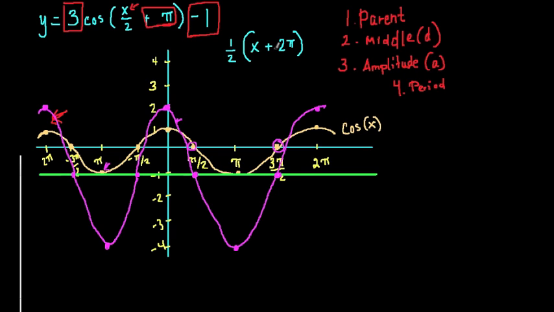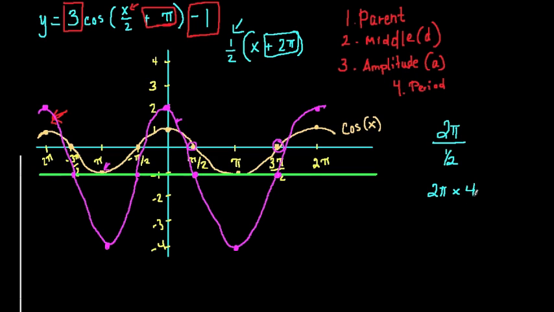So now we can say our shift is actually 2 pi, and our period, or our b, is 1/2. So our period should be 2 pi over 1/2, which is the same thing as 2 pi multiplied by 4.